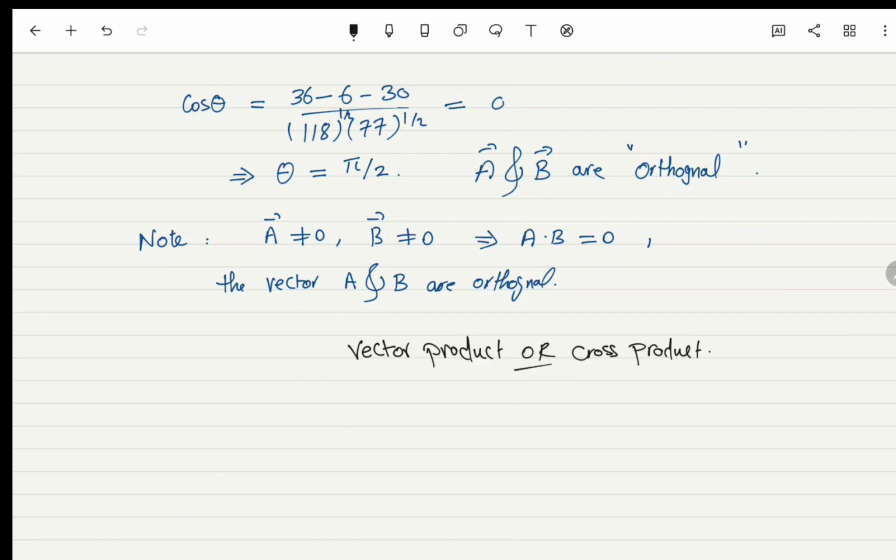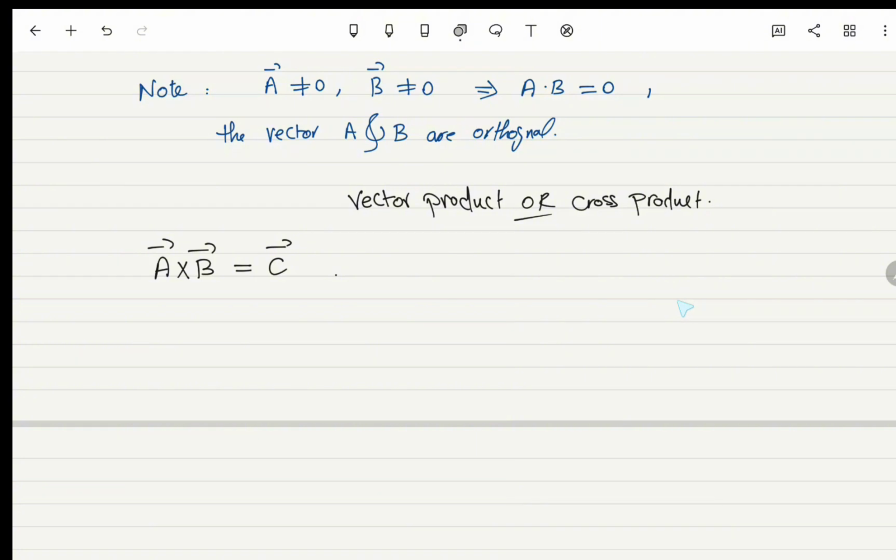When you cross product two vectors, the answer is a new vector which is perpendicular to the original vectors A and B. In other words, A cross B equal to a new vector C, and this C here is perpendicular to A and B. And from this one here, the name cross product or vector product comes from the result: the cross product of two vectors is a new vector.